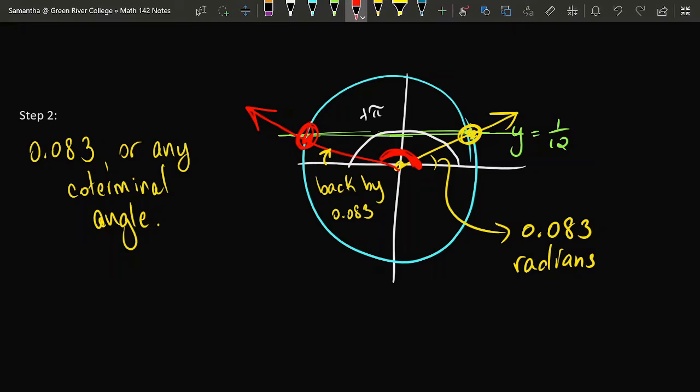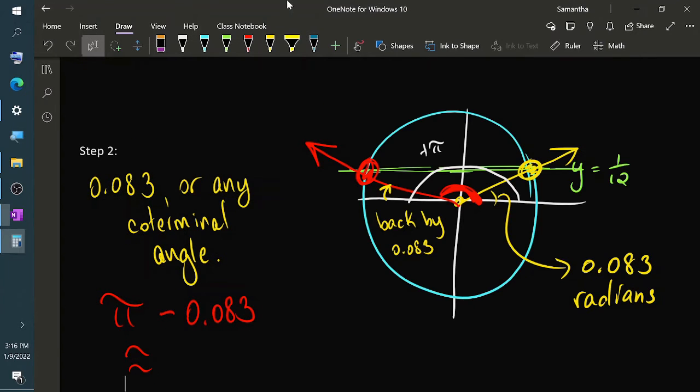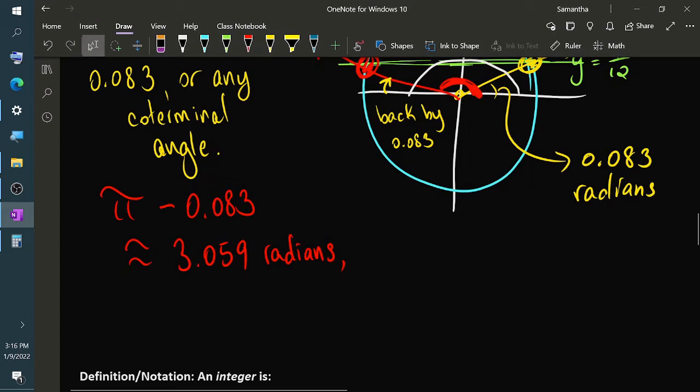So the red angle says go pi and then go backward by 0.083 radians. So let's get a quick decimal approximation for this value, 3.059 radians. But also, any angle coterminal to this angle would also work.